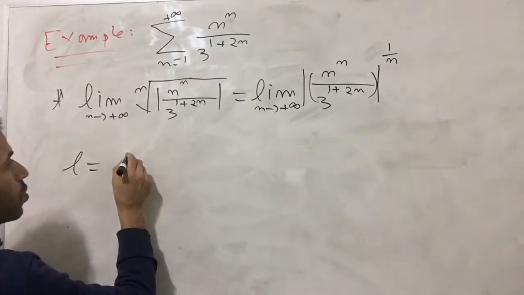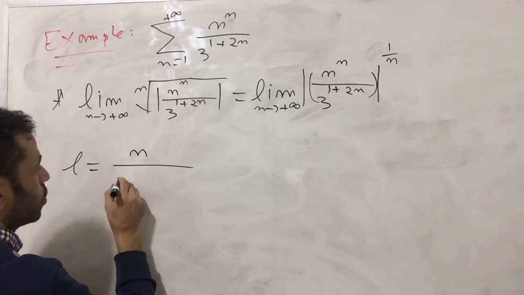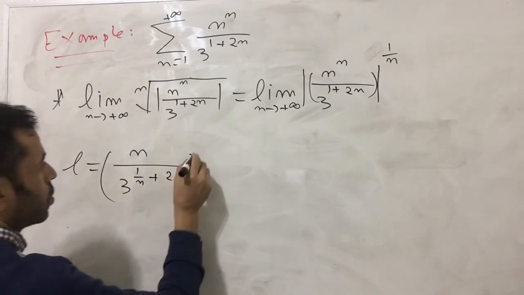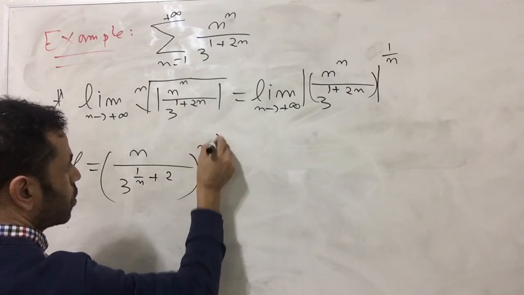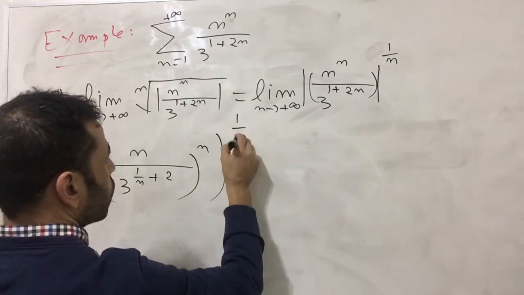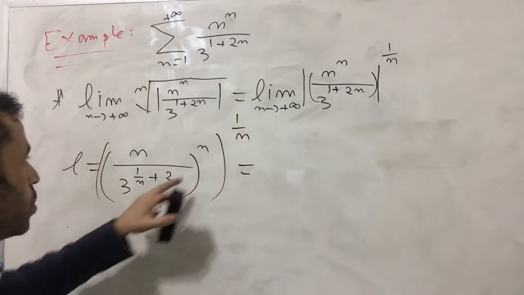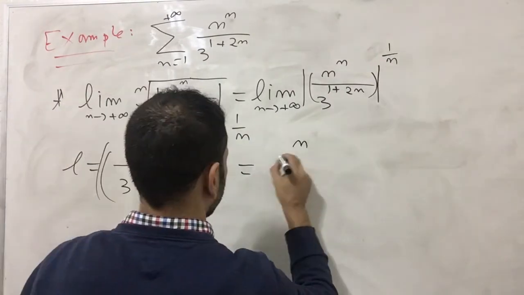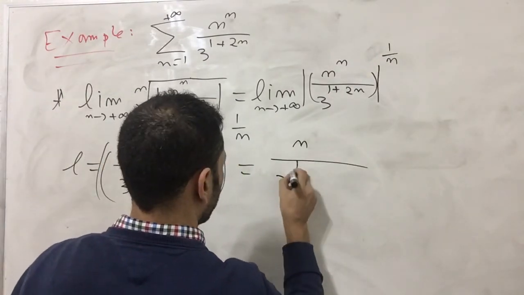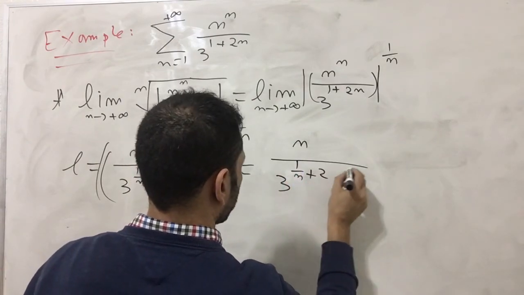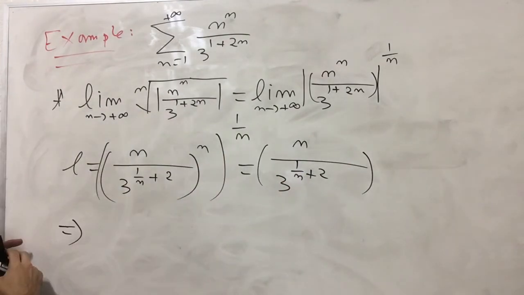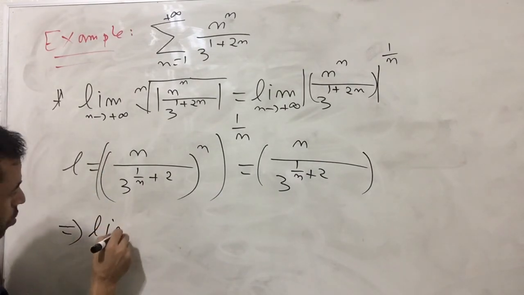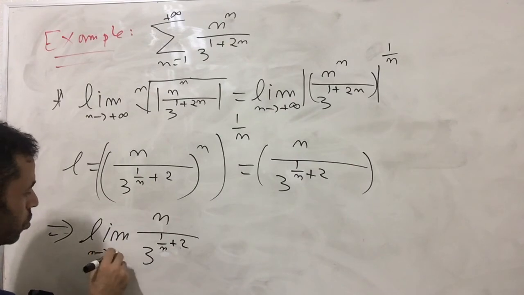So this one equals n over 3 to the power of 1 over n plus 2, to the n, all to the power of 1 over n. So this n is going to be cancelled out with 1 over n. So I will have n over 3 to the power of 1 over n plus 2, okay? So I'm going to apply the limit of this one, as n goes to infinity.